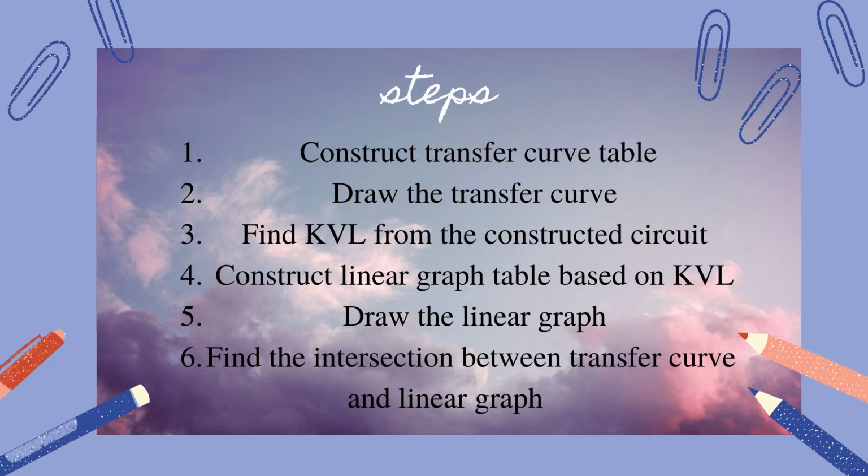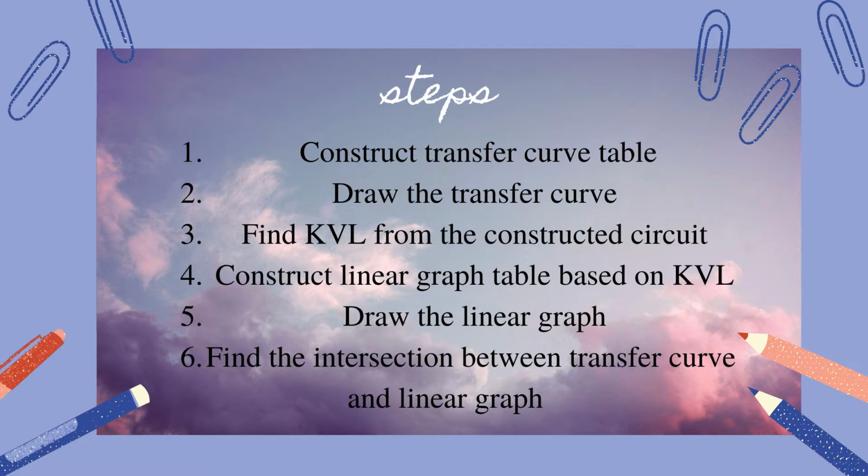The first step is construct the transfer curve table based on the formula given. The second step is draw the transfer curve on the graph paper. The third step is find KVL from the constructed circuit that consists VGS and ID. The fourth step is construct linear graph table based on KVL in step number 3.